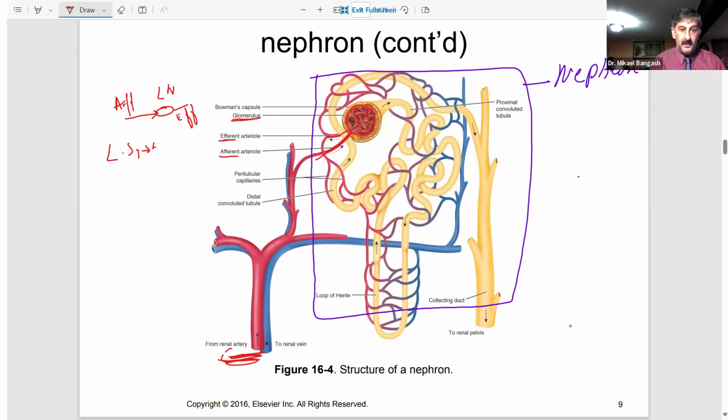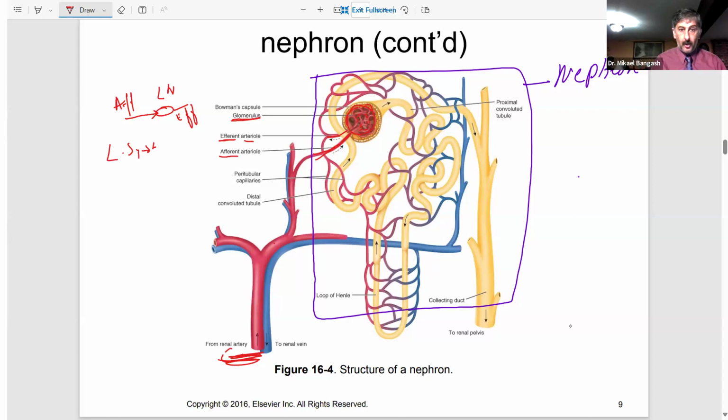Both of these are still arterioles. We call this one an arteriole as well because there's still another system of capillaries that needs to get its blood.